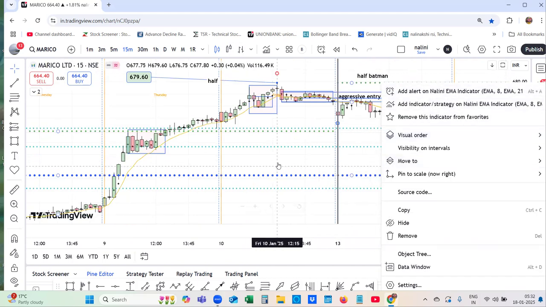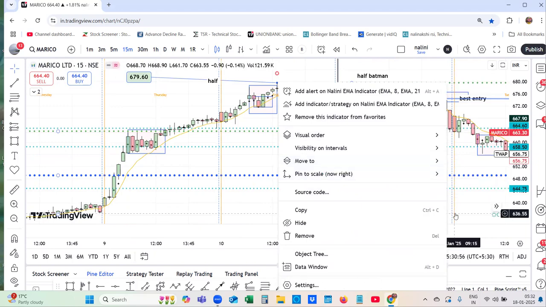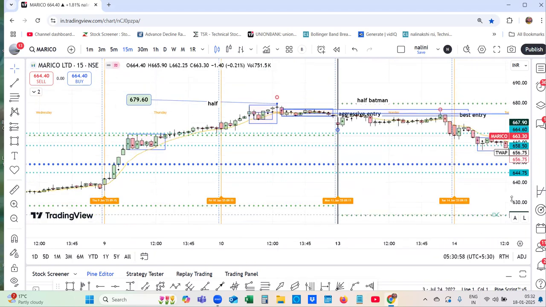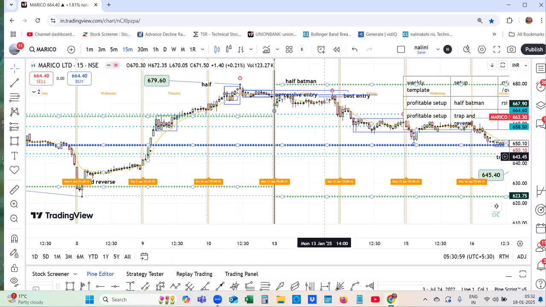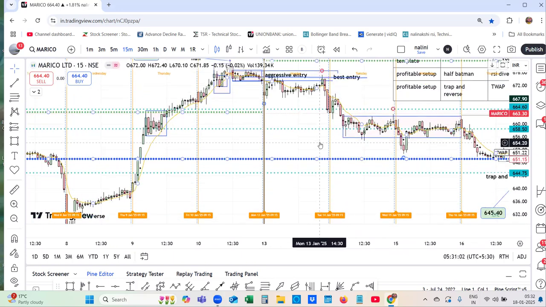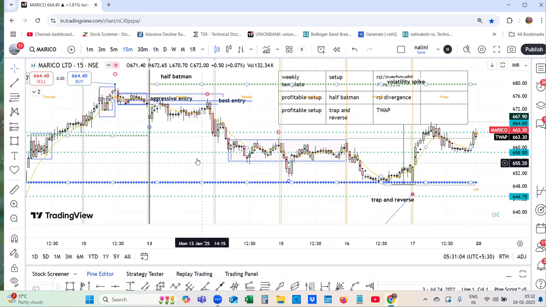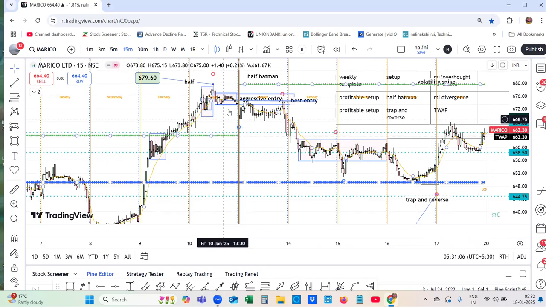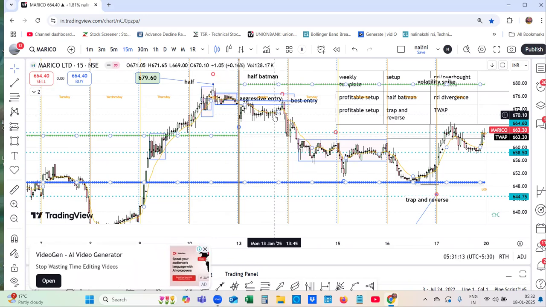So I had shown, you can see clearly, these are the volatility spikes. I had mentioned you can go back to, I'm going to attach that video, Mastering Chart Patterns. You can go to that video and look into that.